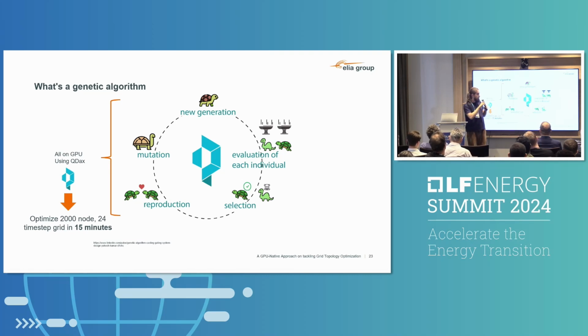So for example, one of the constraints that we found out about is that there's a certain number of opened couplers in the grid. If you have more than 15, it's operationally forbidden to do that, but if you have more than 5, the operators get nervous. So at this point, we can put hard constraints so that within the mutation and reproduction, we can never end up with an individual that has more than 5 splits, for example, 5 open couplers.